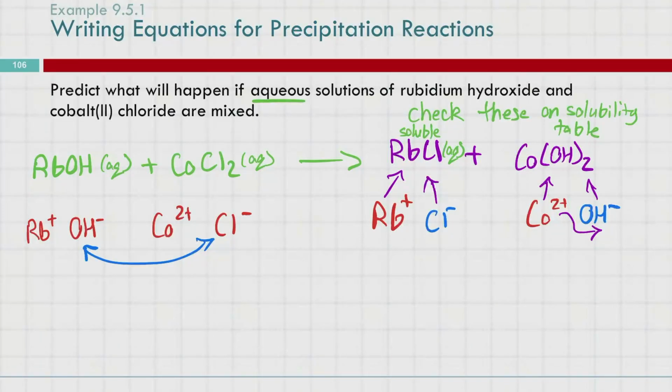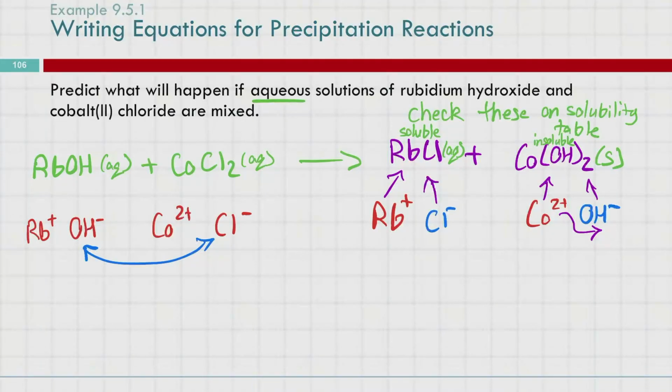We don't have group 1 or ammonium. And it's slightly soluble with calcium, strontium, and barium. Do we have any of those? No, we don't. And so that means that this is insoluble. So this gets an S behind it, so we do have a reaction.